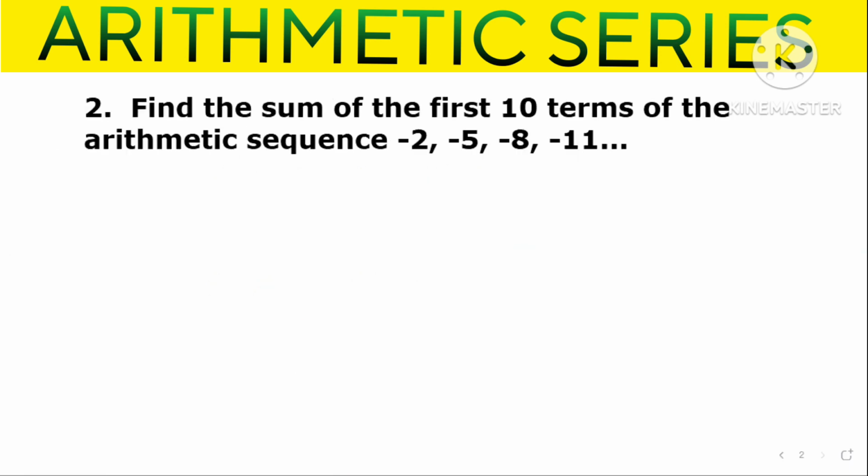Number 2, find the sum of the first 10 terms of the arithmetic sequence, negative 2, negative 5, negative 8, negative 11, and so on and so forth. Now, since hindi na naman given ang last term or yung 10th term, we will again resort to the second formula. So, since we are looking for S sub 10, then n is equal to 10. A sub 1 is equal to negative 2.